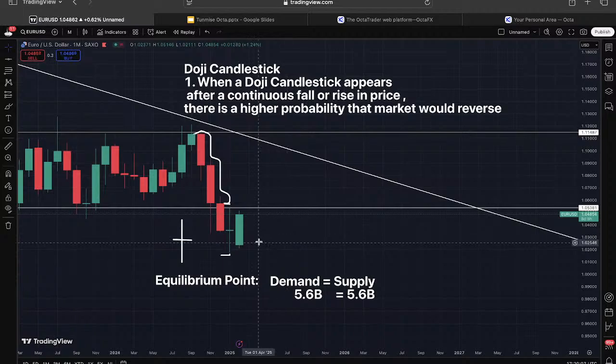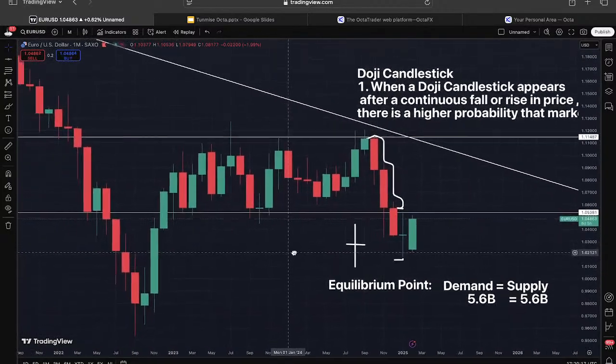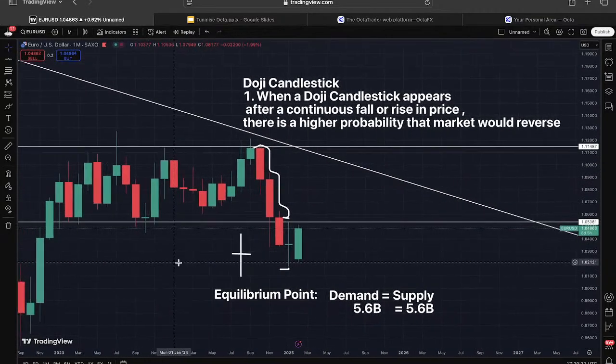And that is what we are seeing here. So when a doji appears, there is always a reversal in the market direction. Either a sustainable reversal, or a temporary reversal.